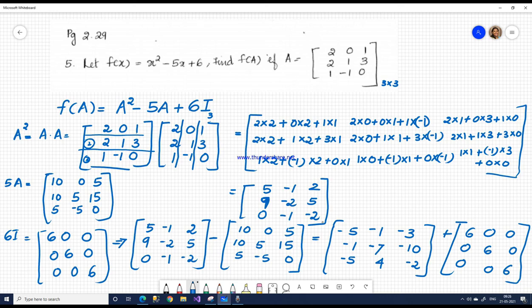So the answer will be, I'll write it over here. So it will be 1, minus 1, minus 3, minus 1, 1, minus 10, then minus 5, 4, 4.